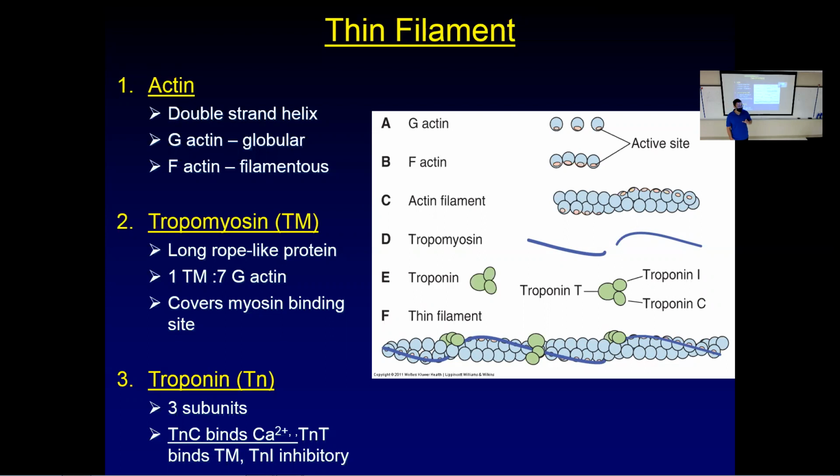So a change in shape of troponin. So as the troponin rotates and changes its shape, it is connected to the tropomyosin. So when it moves, it pulls the tropomyosin away from the actin, from the binding site, okay? That is going to open up the myosin binding site on the actin and allow myosin to grab on, okay?